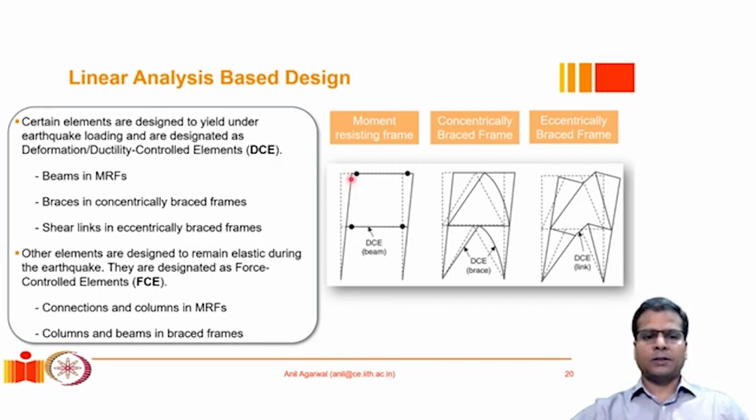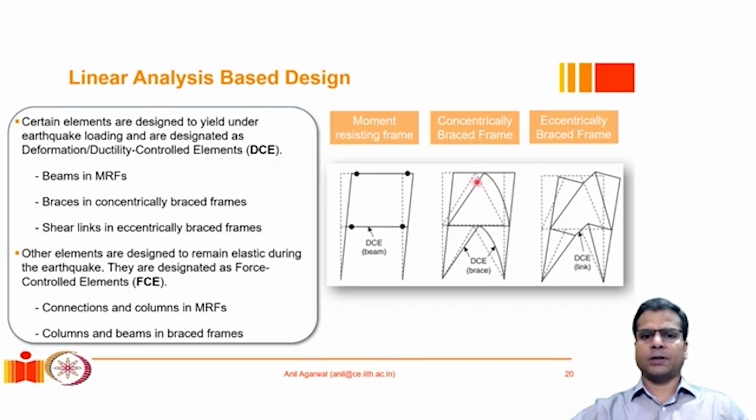So in a moment resisting frame, for example, the beam ends, not inside the column, outside the column, but the ends of the beam, these are the locations which are considered to behave as a hinge, but with a significant amount of moment resistance, and they should form a hinge which will absorb, or dissipate, most of the energy from the earthquake. In concentrically braced frames, typically braces are expected to behave that way.